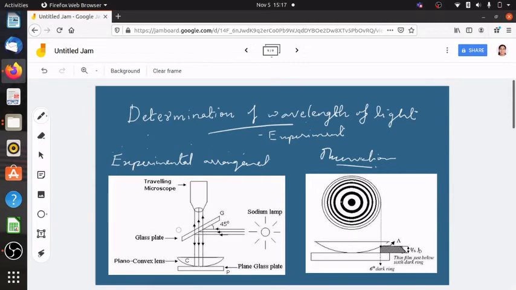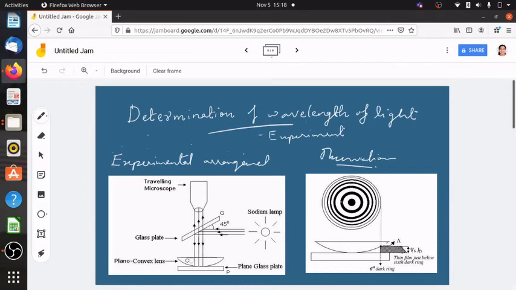This glass plate makes the rays fall perpendicularly on the convex lens, by reflecting them from the glass plate.